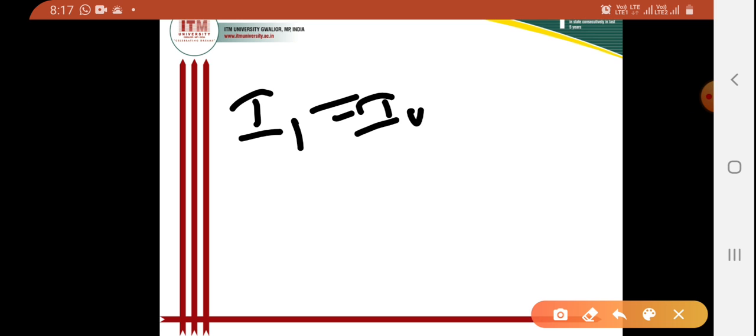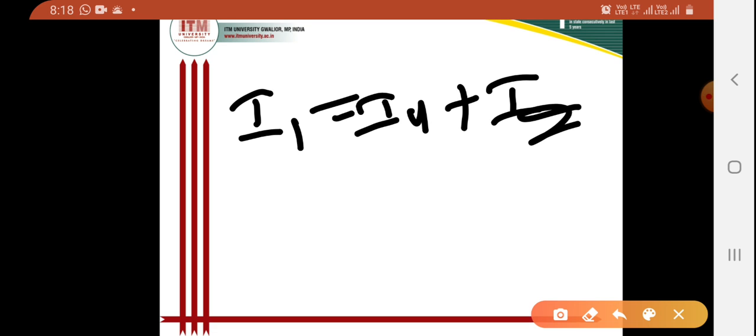Now when I am applying Kirchhoff's current law at node 1, then I can write I1 will be equal to I4 plus I2. Yes or no? Because based upon the current direction, I1 is the incoming current. See the circuit diagram, you can understand.